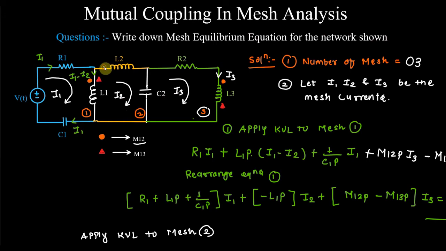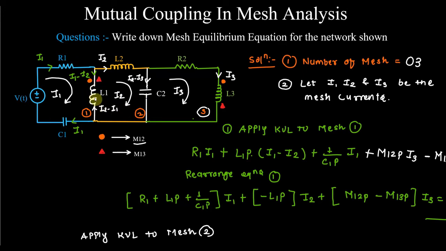What is the current in L2? The current in L2 is I2. The current in C2 is I2 minus I3, fine, because C2 is common to loops 2 and 3. And what is the current through L1? For L1 it is I2 minus I1, because now we are writing for the second loop, so I2 is greater as compared to I1.